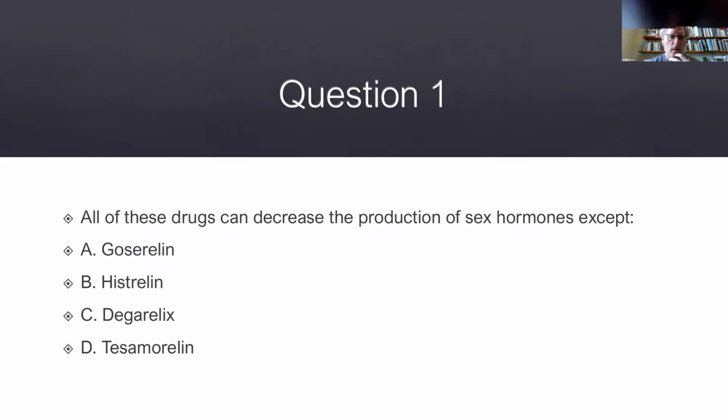Degarelix, it's an antagonist. It decreases the production of sex hormones, but it's a different drug in a different group than the agonists. So that's used usually to decrease endogenous sex hormone production while your ovaries are getting ripened for IVF procedures.